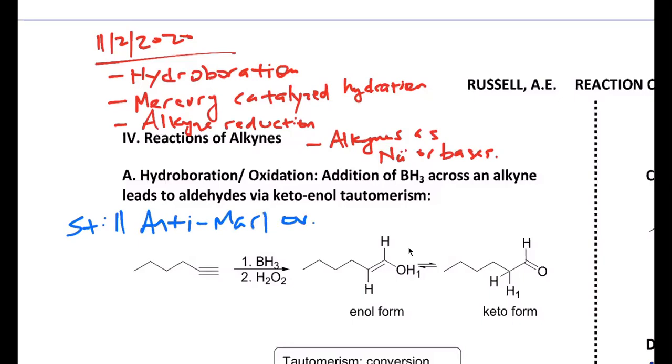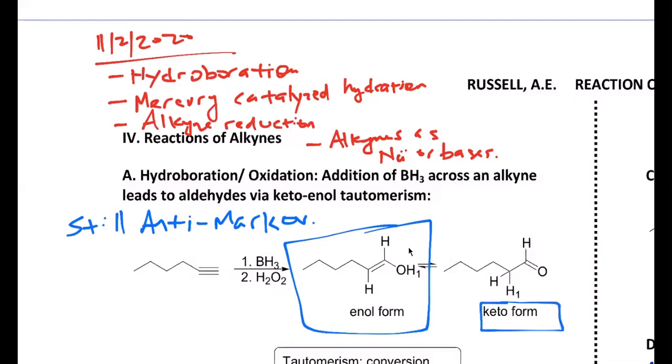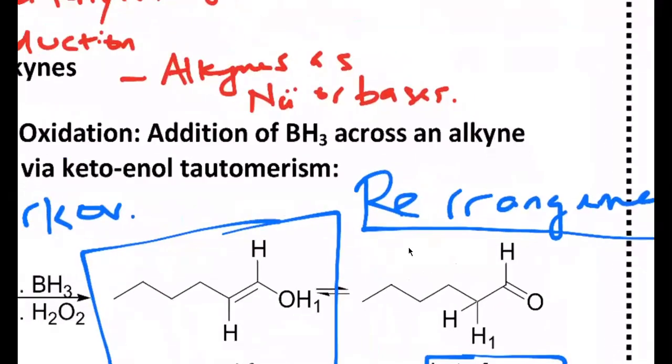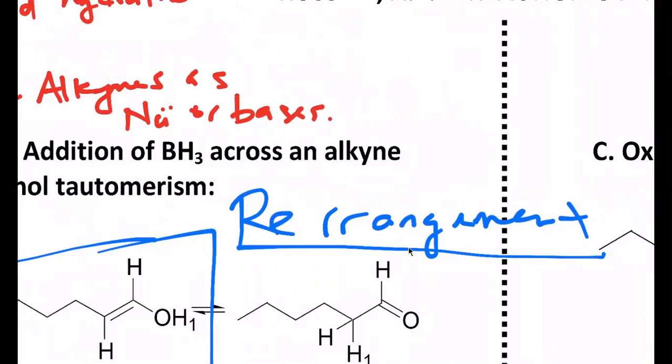The problem with alkynes is that once you do the oxidation step, you get a compound like this that's called an enol. And the enol itself is unstable. And so that converts to what we call the keto form through a rearrangement, and there's a specific name for this rearrangement.